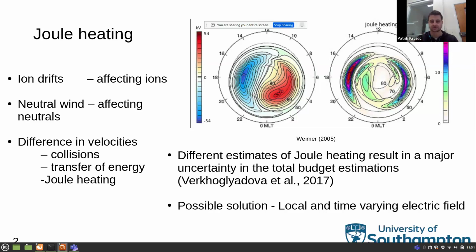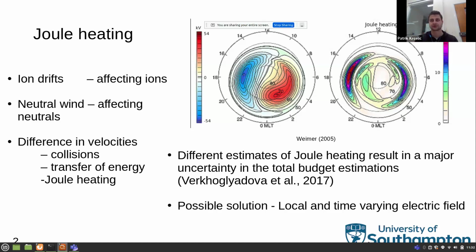Here is an image of a Weimer model. On the left is the polar cap potential, and on the right-hand side of this panel is the associated Joule heating in the polar cap. Now, the main problem here is that we have major uncertainty in estimates of Joule heating, especially for substorms.